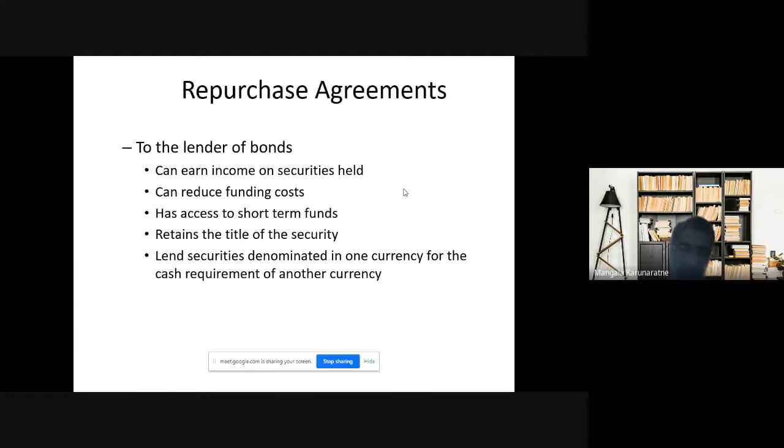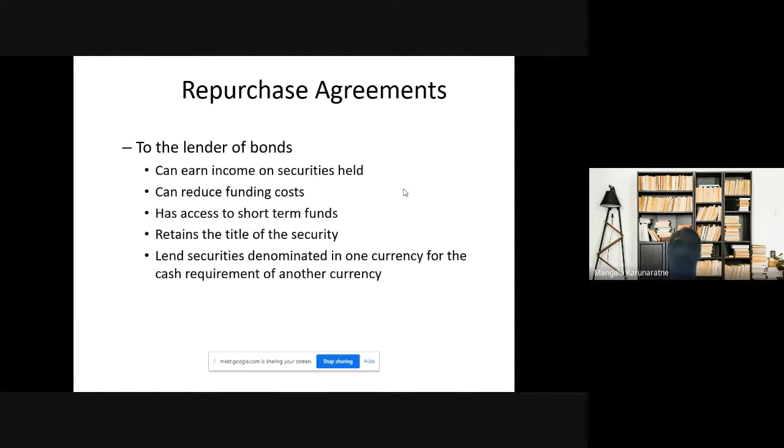And by doing a repo, you generate funds on these bonds, and you can make new investments with this money. This money you get from doing repo of these bonds, right? So that is one advantage, and can reduce funding costs.